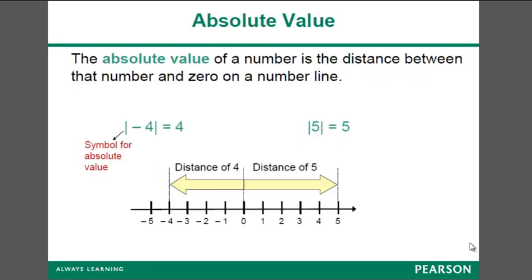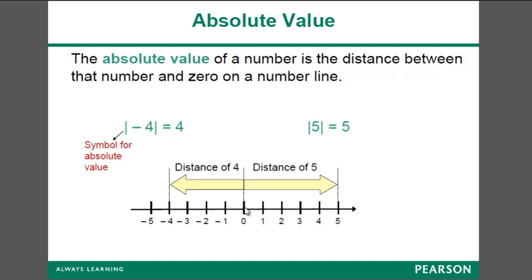The absolute value of a number is the distance between that number and 0 on the number line. Here are the absolute value symbols, straight lines up and down, with the number in between. The absolute value of -4, we want to know the distance between 0 and -4.